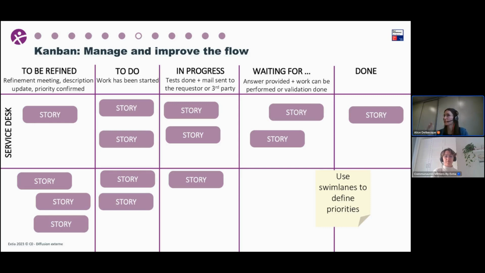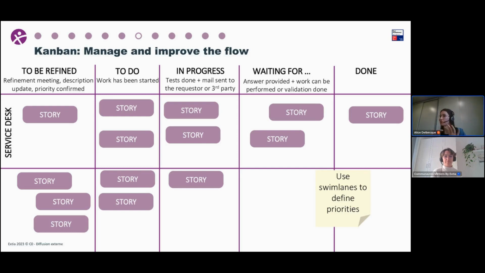So service desk is the part where the user will be able to raise an incident, ask for support, etc. So it means that it is much more urgent than a development story. That also means that this is at the top, so all the information present here is most important.